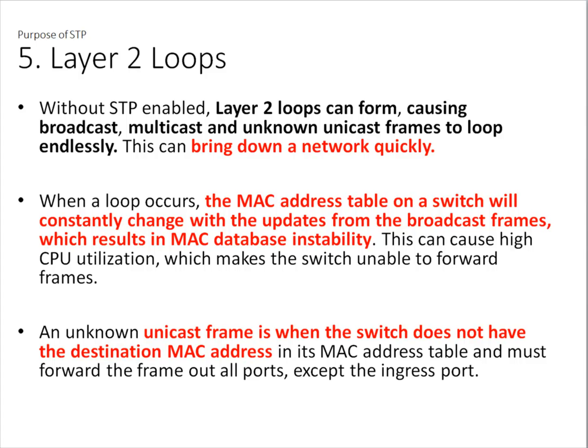We already discussed: your network may go down, and the overall performance of your network may be affected. The MAC address table will become full, or there will be instability in the MAC address table. Then CPU utilization. We already discussed these points, so you can kindly go through this slide.